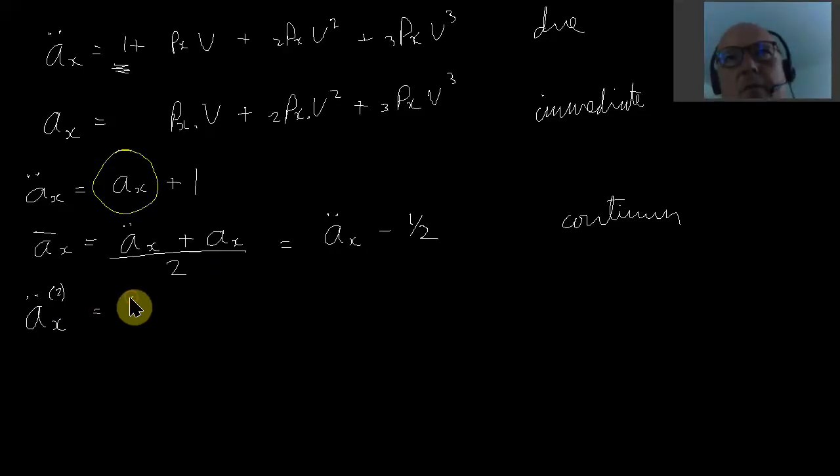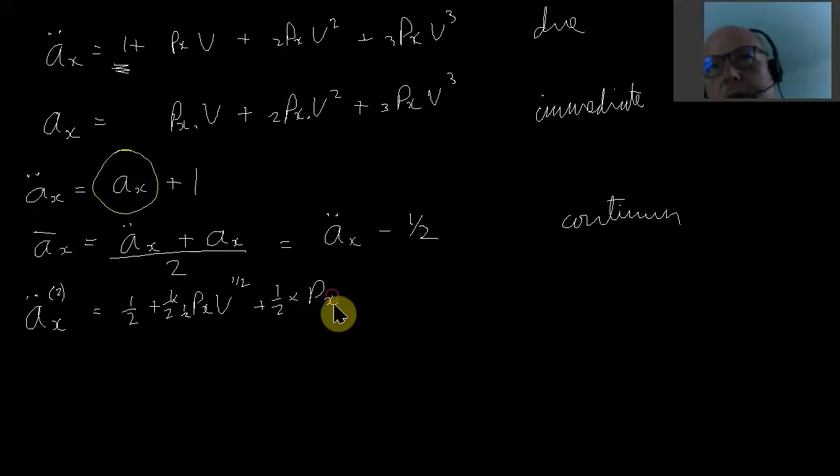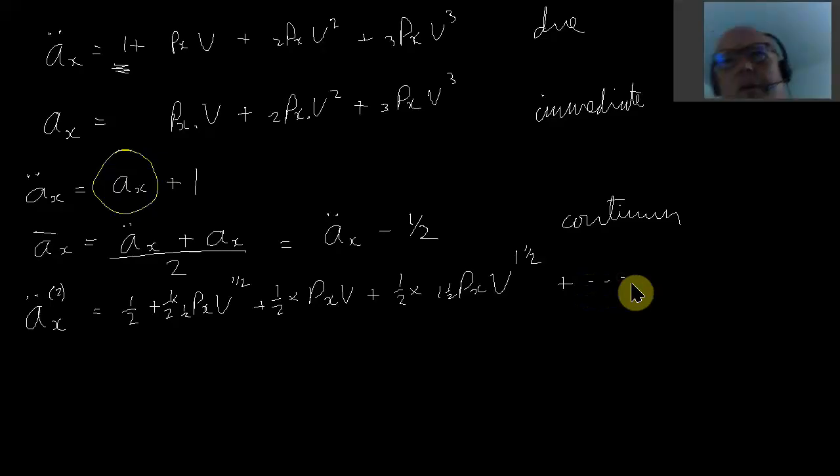So strictly speaking, what this is is a half plus a half pxv to the half plus a half pxv plus a half pxv to the 1.5, etc. But we don't have the lx's part way through the year, so this is really not a good way of doing the calculation, although that, strictly speaking, is what it is.